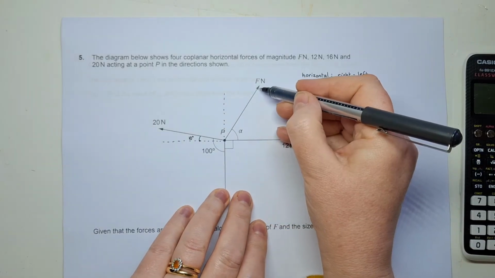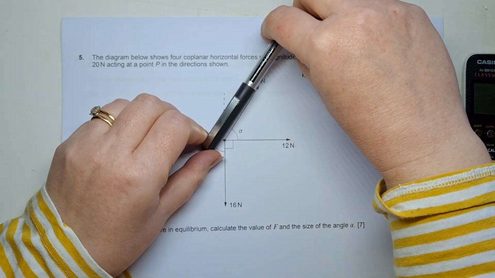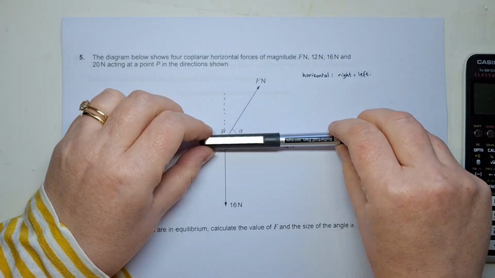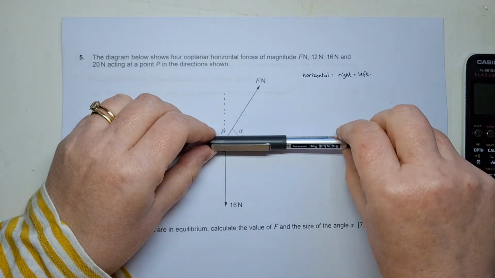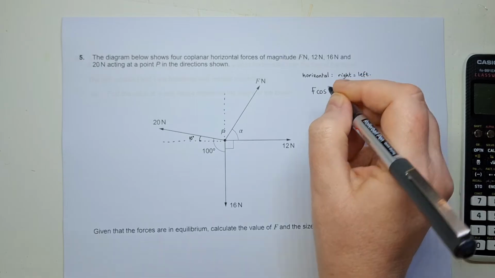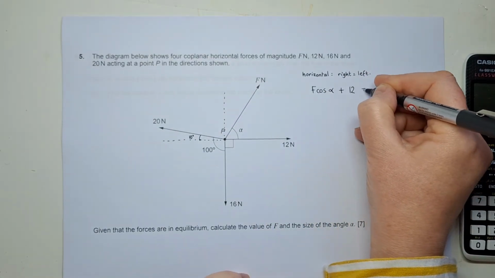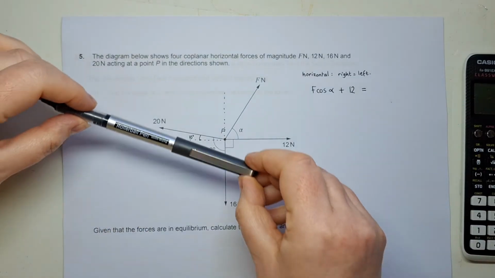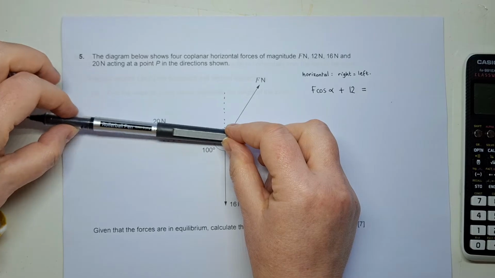So we need to work out the component of the F force when we turn it to point directly horizontal. So that will be F cos alpha. We're going to have a 12 that doesn't need resolving, and that will be balanced by 20 twisted to the horizontal, which will be 20 cos 10.